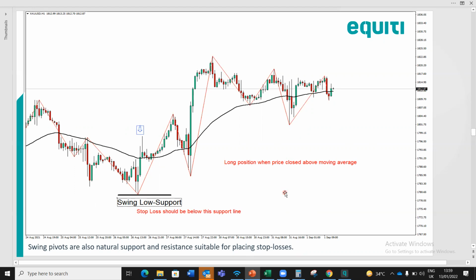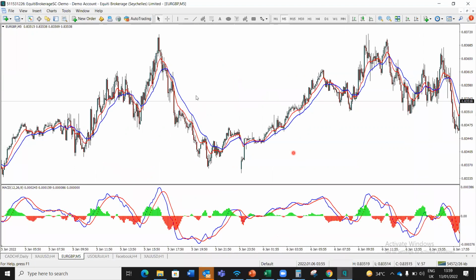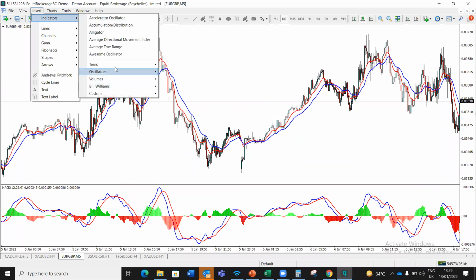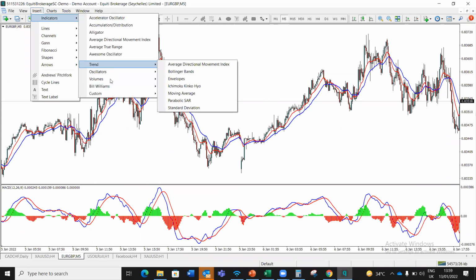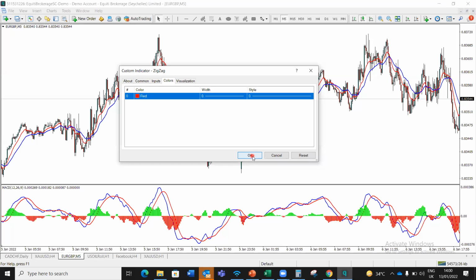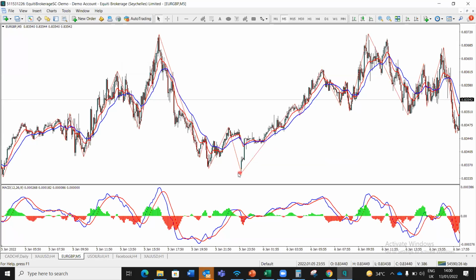This is using the zigzag indicator. You can find the zigzag if you go to insert indicators. It's a custom indicator, so we can find it in custom. Once you input the zigzag, it gives you something like this, so you can use it to know swing points in the market.